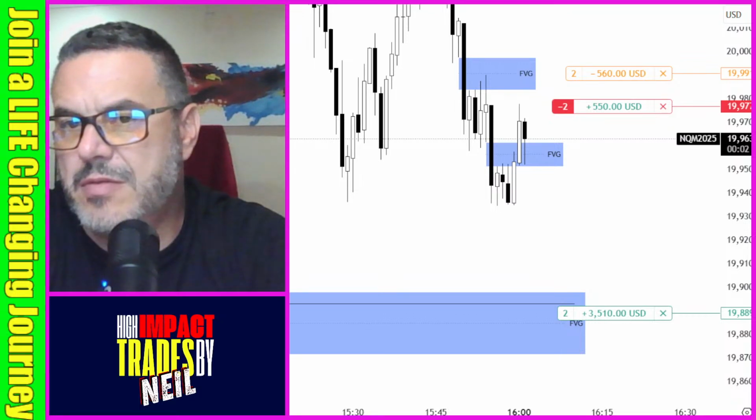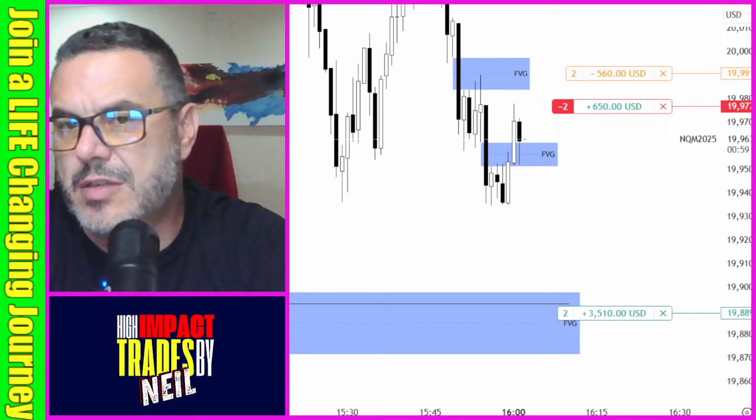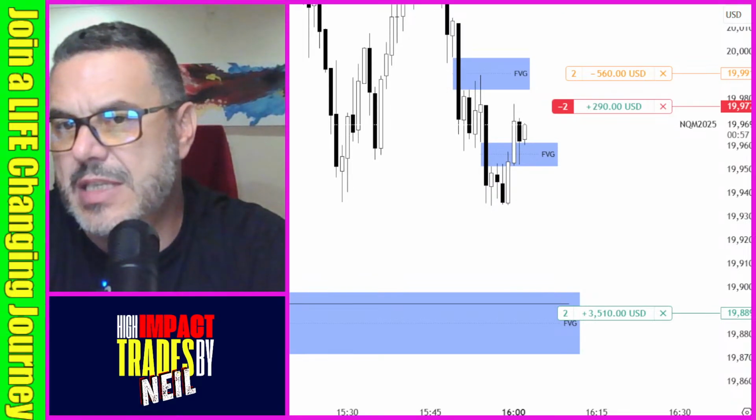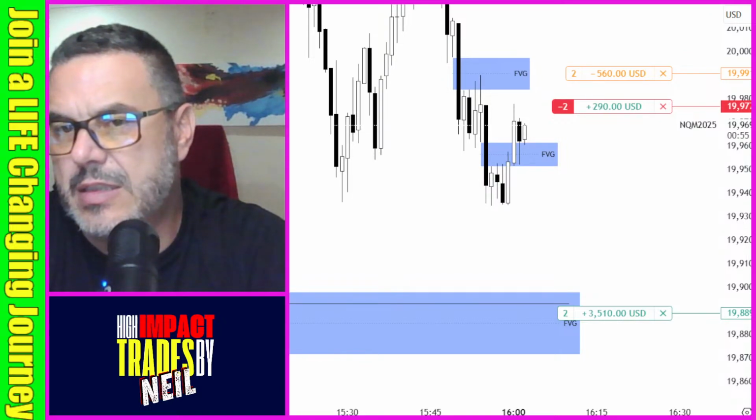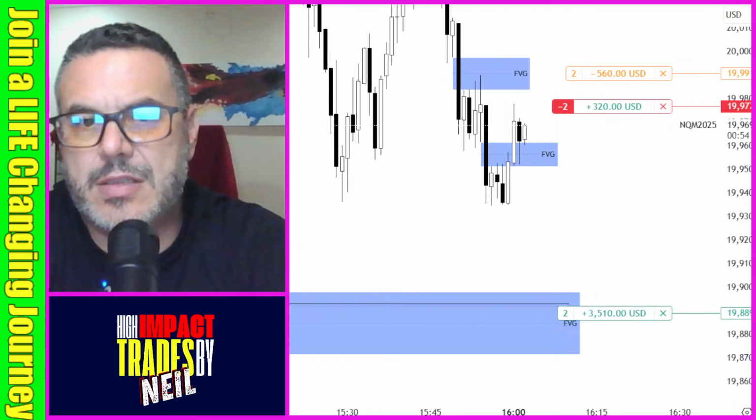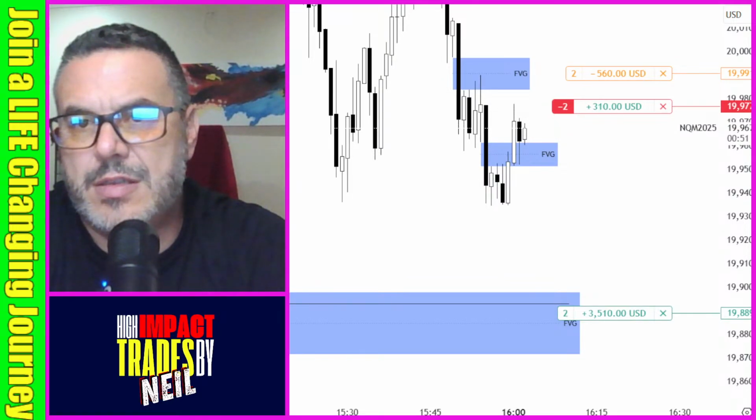Finding support in that fair value gap that got inverted to the top side. I still believe you want to go lower and not do anything crazy to the top side.